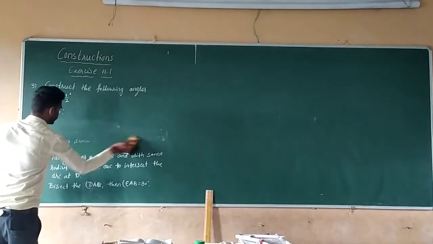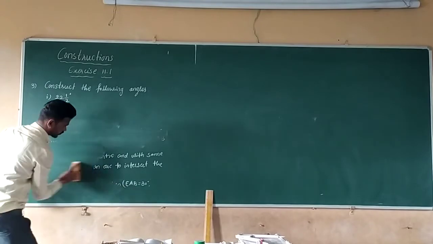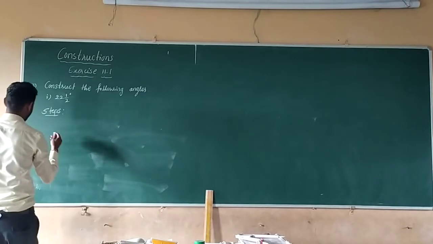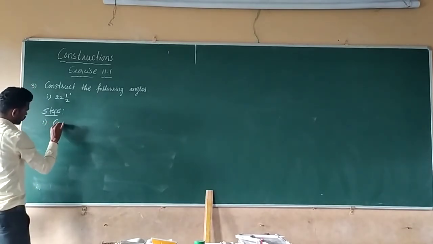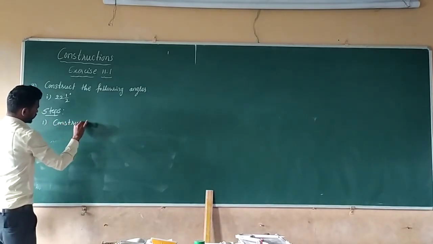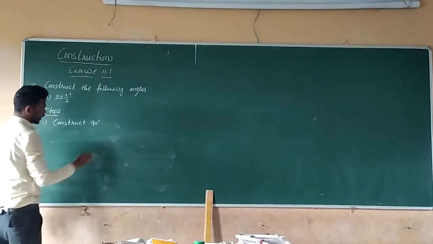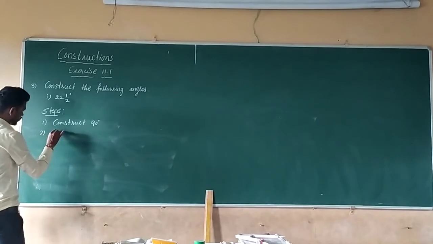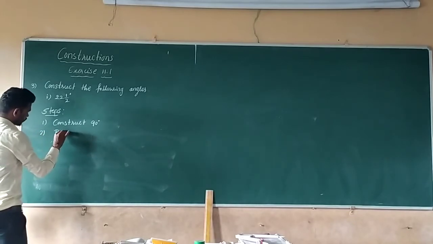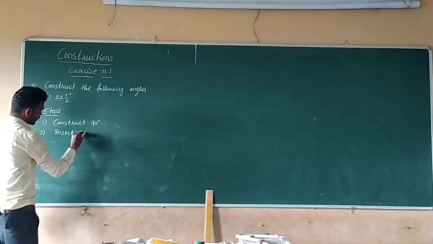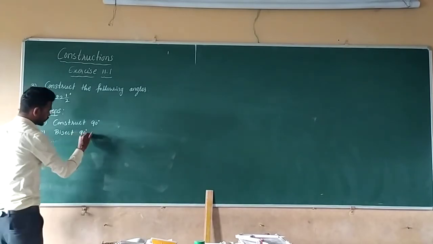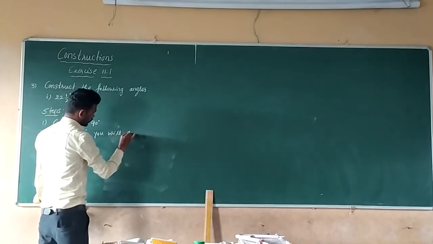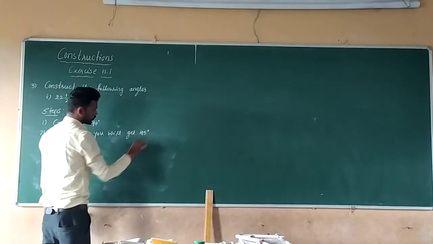First one, construct 90 degrees. You know the steps of construction of 90 degrees. And next, bisect 90 degrees, you will get 45 degrees.